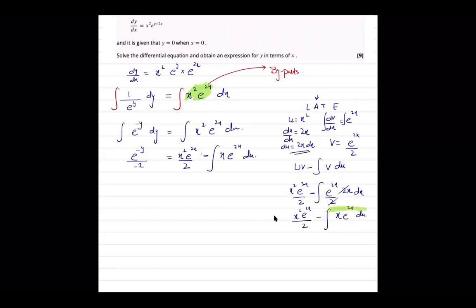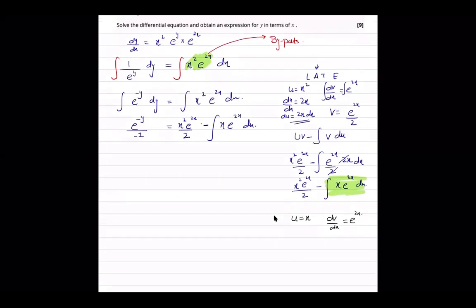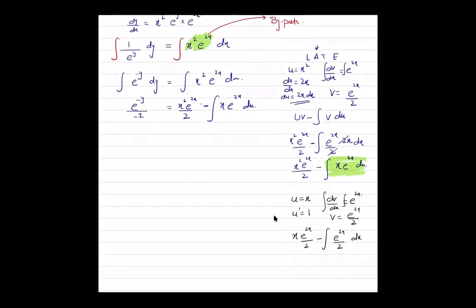Now to use by parts on this, again u is going to be x and dv by dx is going to be e to the power of 2x. u prime is going to be 1, and if you integrate this, you get e to the power of 2x upon 2. uv minus the integral of v du. This is du by dx, so it's going to be dx only.